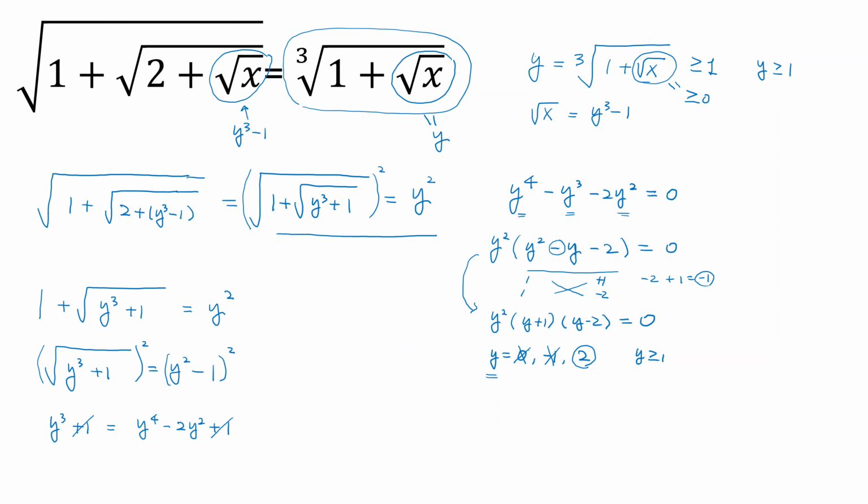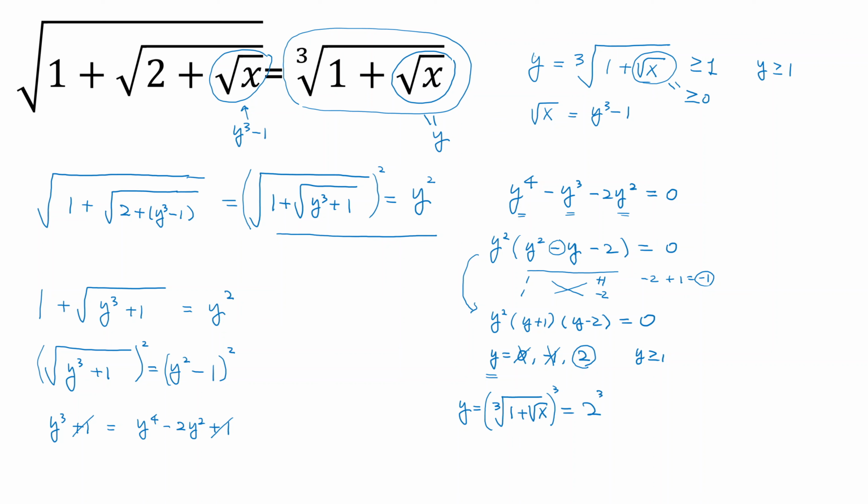Going back to your definition, y should be the third root of 1 plus square root of x. This should be equal to 2. To solve for this, you can cube both sides in order to get rid of the third root.